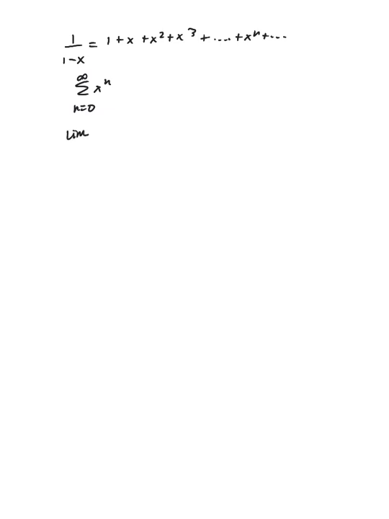So we have the limit, I'm doing the ratio test, as n approaches infinity of x to the n plus 1 over x to the n, which is just going to be the limit as n goes to infinity of x, which is just the absolute value of x.